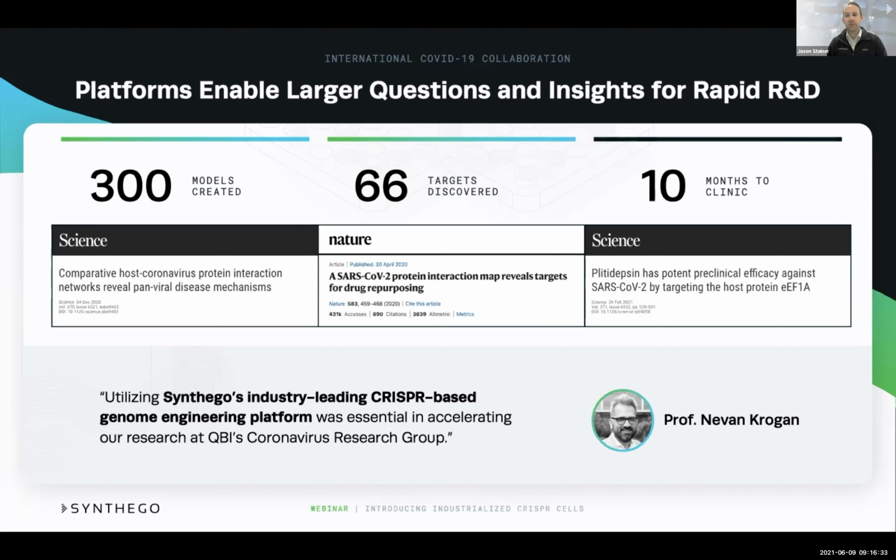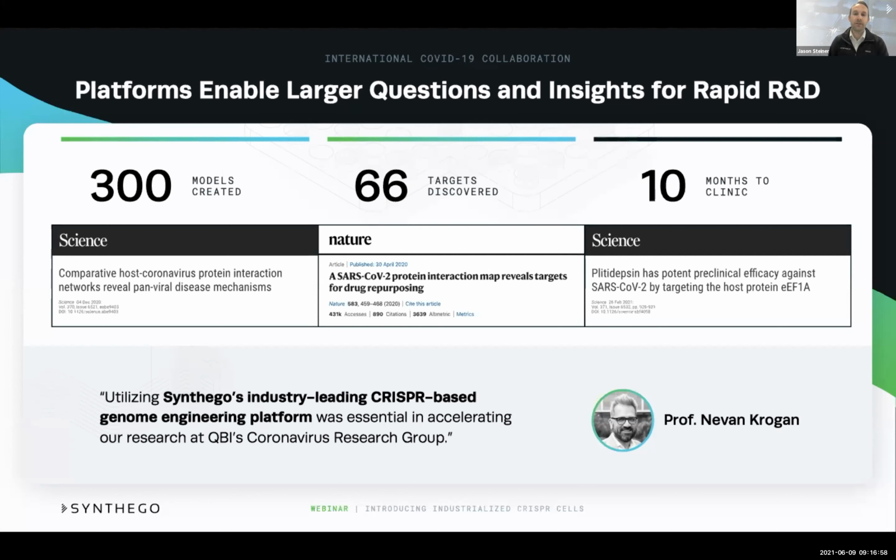So these types of platforms are really needed to match the scale and the scope of the vast amount of information that we have been collecting the last few decades, and really to accelerate the understanding of biology and the drivers of human disease. And what's really quite exciting about this is being able to do this genome engineering at scale and translate that information back into cell models in a highly predictable and highly scalable way.